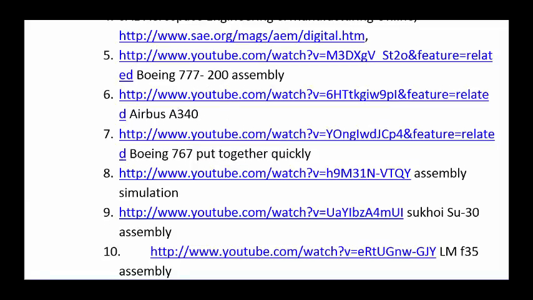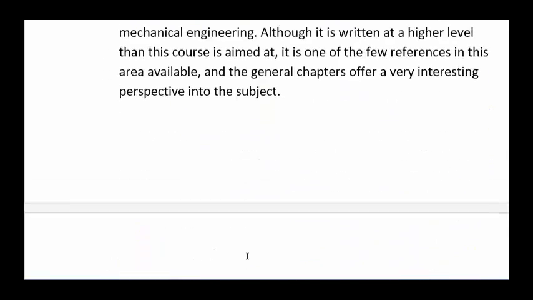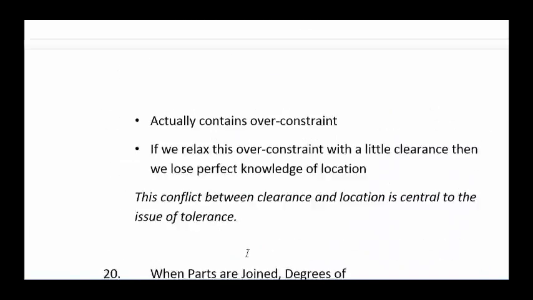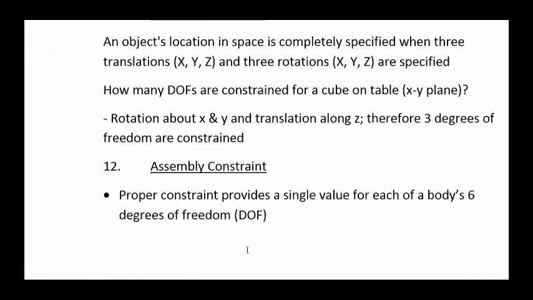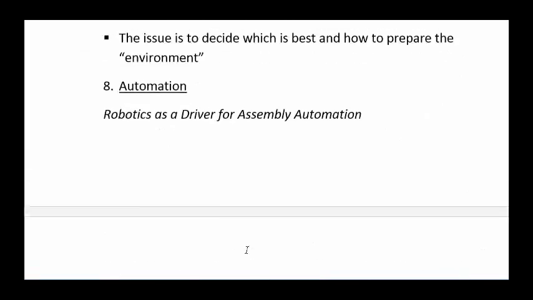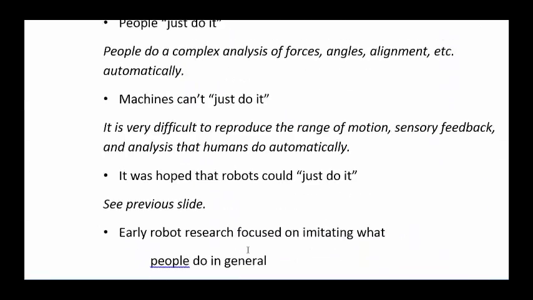So anyway, the 777 video link does not work, but you can substitute the A340, the 767, and the Sukhoi 30 or the Lockheed Martin F-35 videos into this student exercise. Let me flip back up quickly to, I believe that was slide 4 that it was introduced.